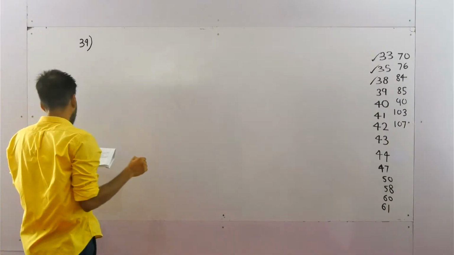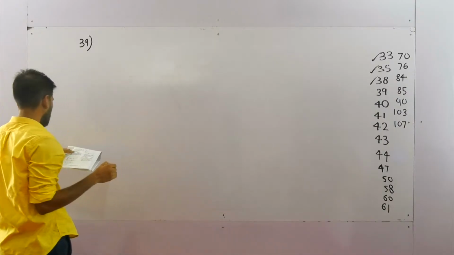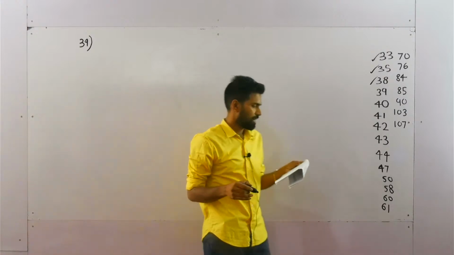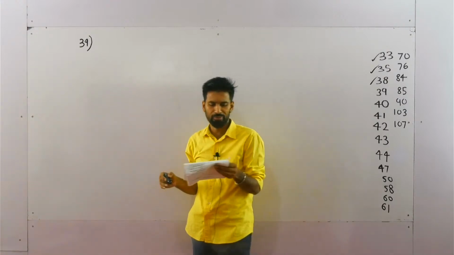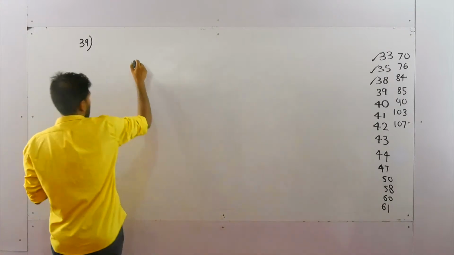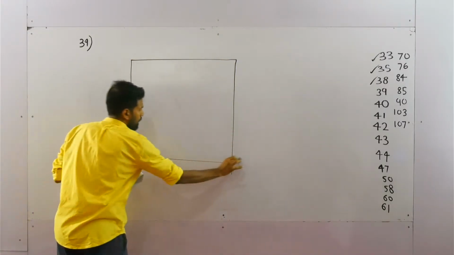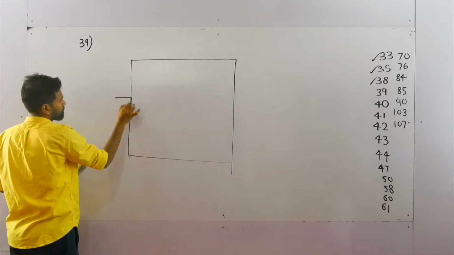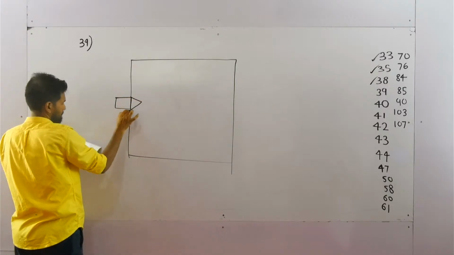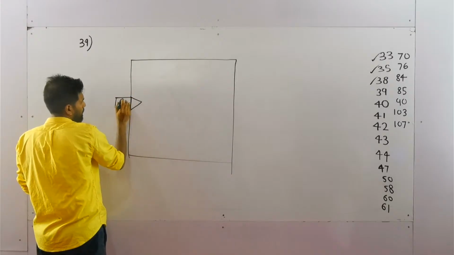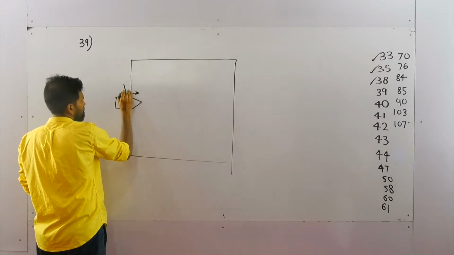A bullet fired into a fixed wooden block loses half its velocity after penetrating 60 centimeters. It comes to rest after penetrating a further distance of. That's a wooden block, and this is the bullet. Let's say when it hits the block, it has a velocity of v.